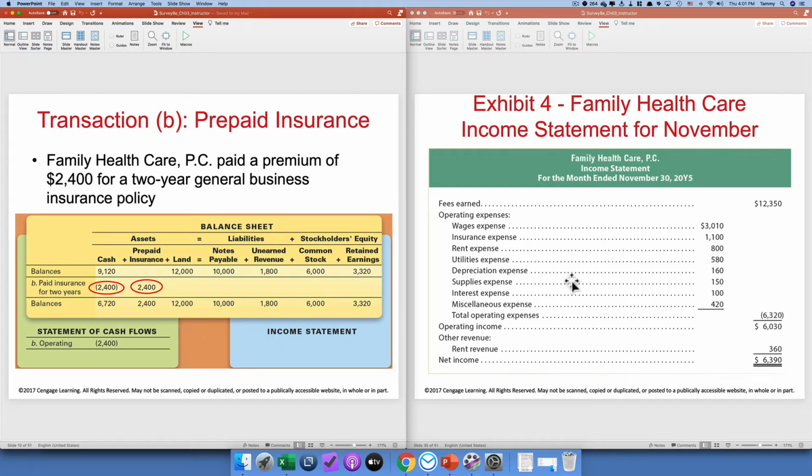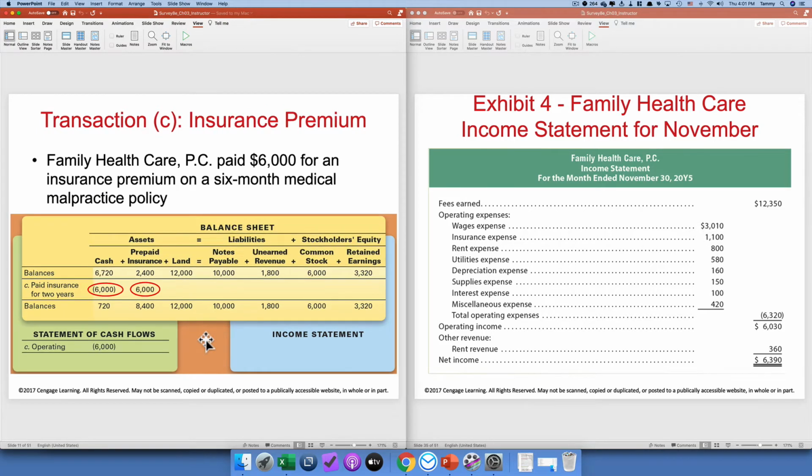So you're not going to see this $2,400 transaction over here. What you see in the insurance expense comes along later after we do our adjustments. Same thing with the malpractice insurance. That's not showing up in the income statement yet.